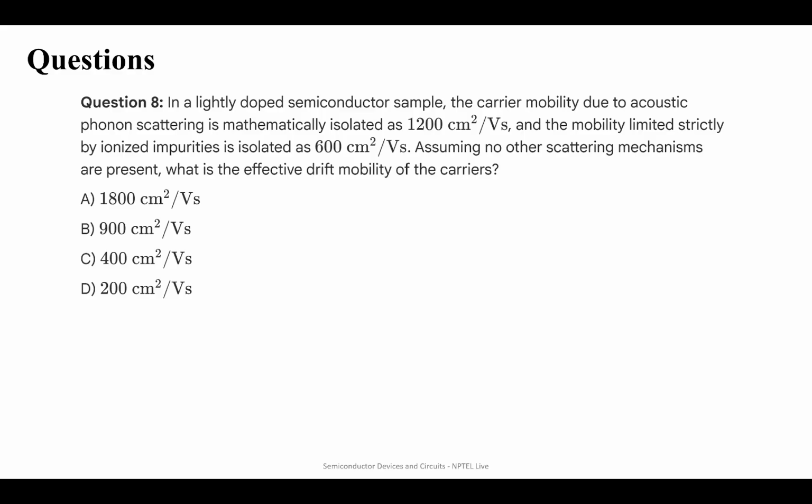Assuming no other scattering mechanisms are present, what is the effective drift mobility of the carriers? Option A, 1800 centimeter square per volt second. Option B, 900 centimeter square per volt second. Option C, 400 centimeter square per volt second. Option D, 200 centimeter square per volt second.